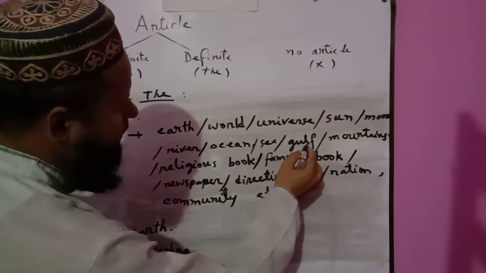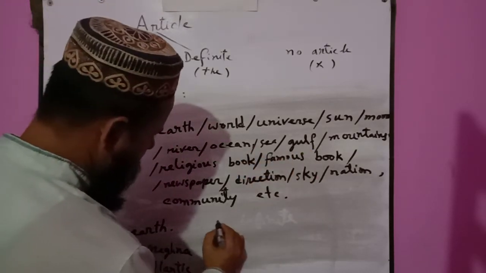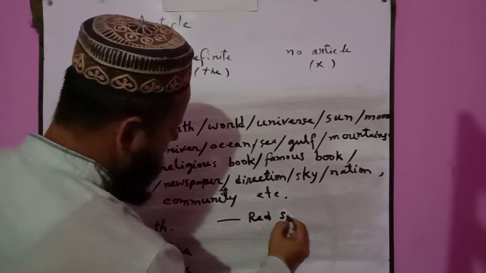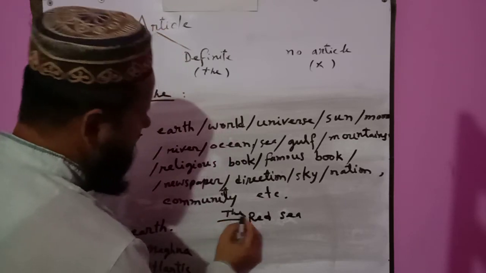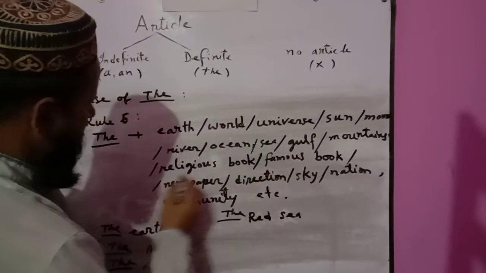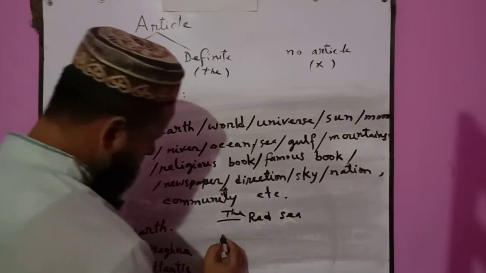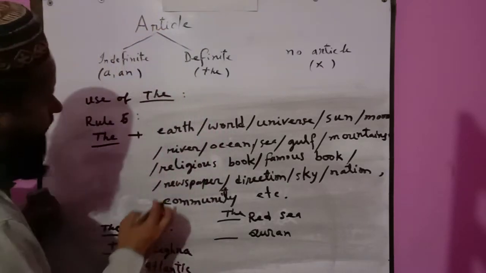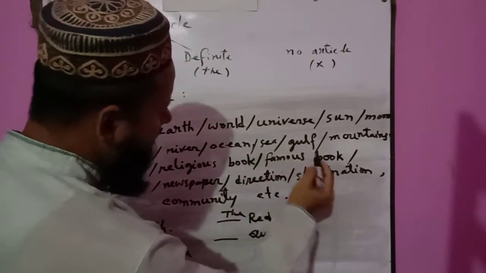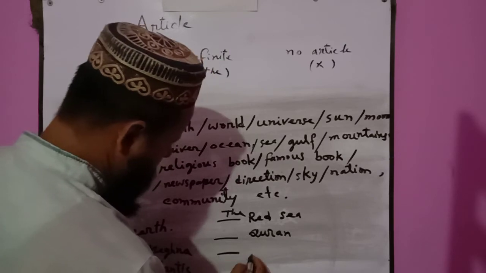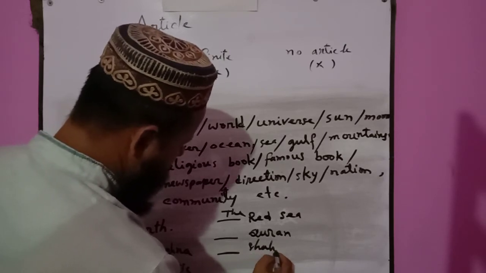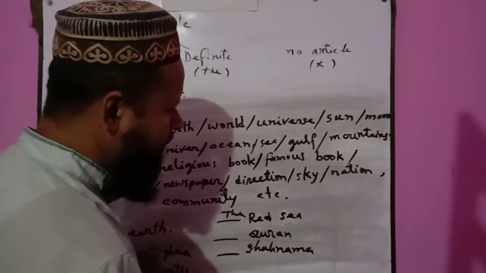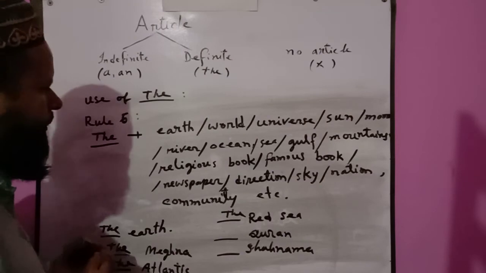Then Gulf, Sea, the Red Sea. The mountain, religious books, the Quran. Then famous book, the Shahnama. The Shahnama, written by Ferdowsi of Iran.